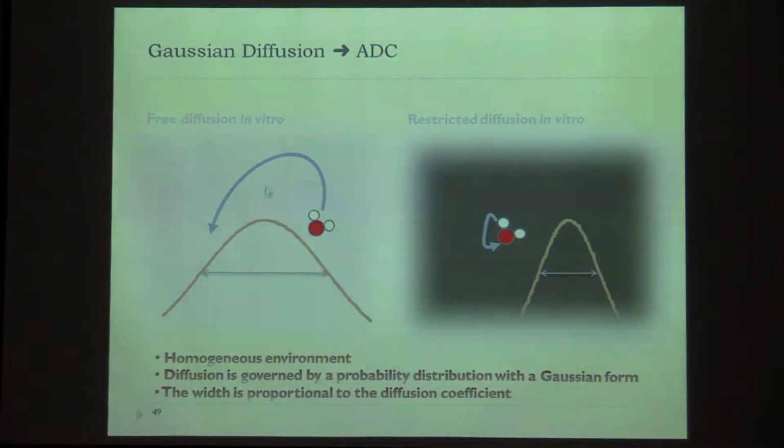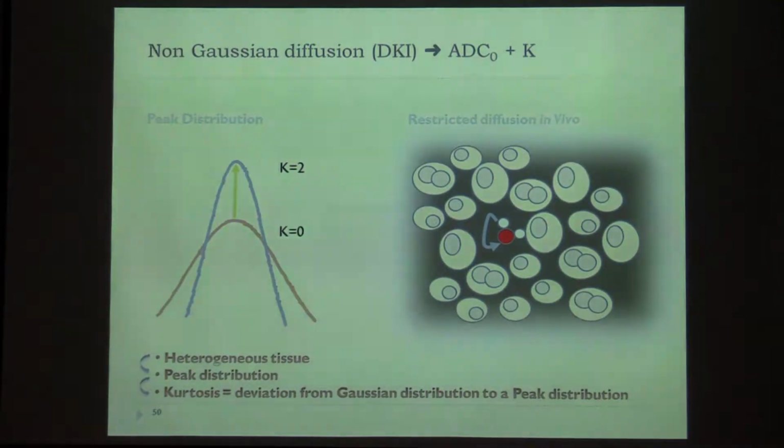I remind you of these curves I showed you at the beginning of this lecture, and we passed quickly over this first hypothesis. We said a homogeneous environment, but as you probably know, we are not homogeneous. We have cells, we have fibrosis, we have a lot of things. So this theory doesn't work very well in a human body. Because we have cells, we have other structures, the distribution is not like a Gaussian, but like a peak.